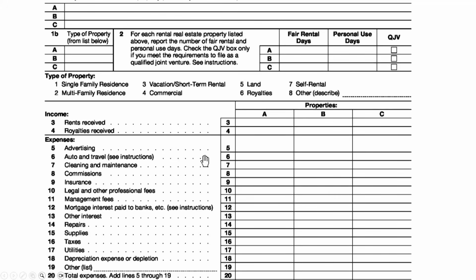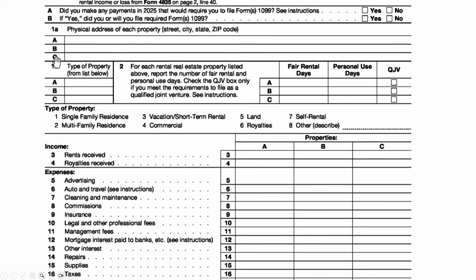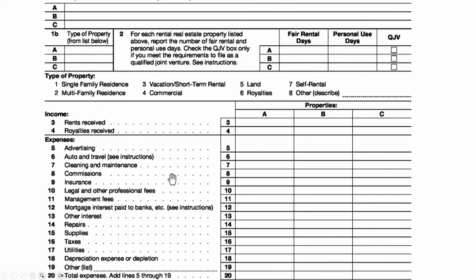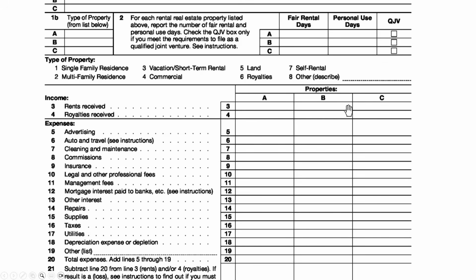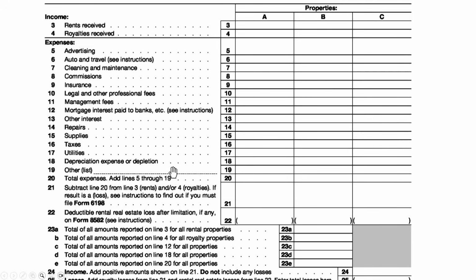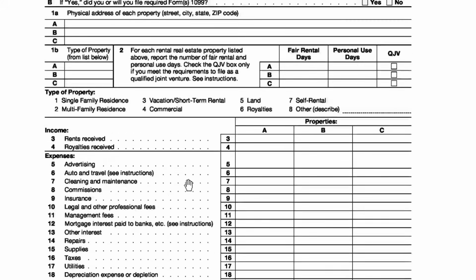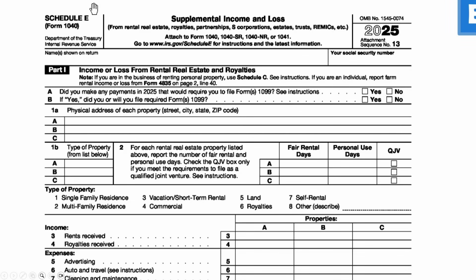Then you're going to get down here where you're going to actually list the income and expenses for each property. So you've got A, B, and C, which corresponds to A, B, and C up here where you have listed the addresses. So you're going to put your income, your rents received, and then all of the various expenses that you may have. And that's going to come down to your net income. So remember, for the exam, it is Schedule E that you report your income and expenses from your rental property.